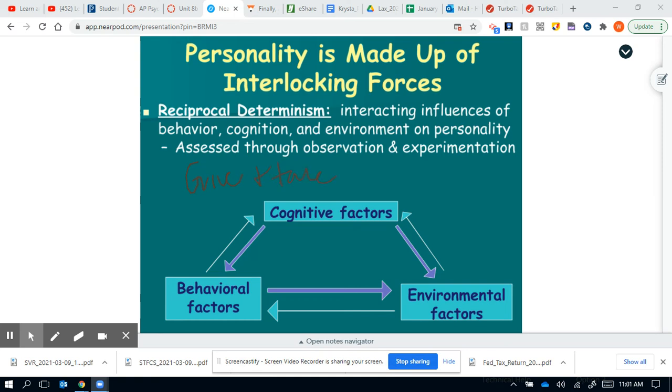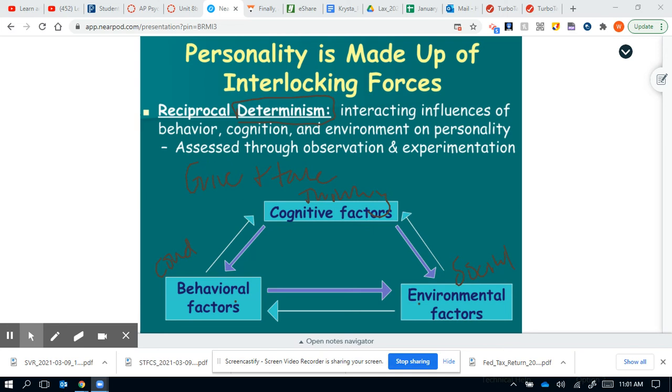And this basically says that our personality is determined by a give and take between behavioral factors like our conditioning, cognitive factors like our thinking, and environmental factors like our social environment, our religion, all of these different things. And all three factors give and take back and forth from one another.